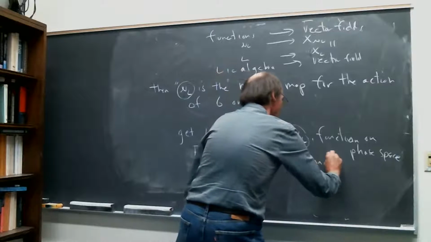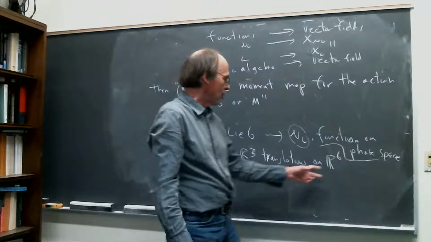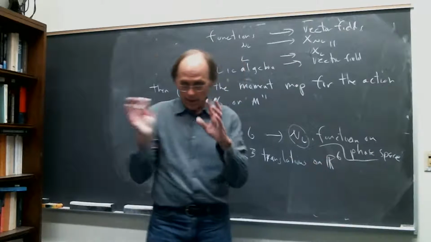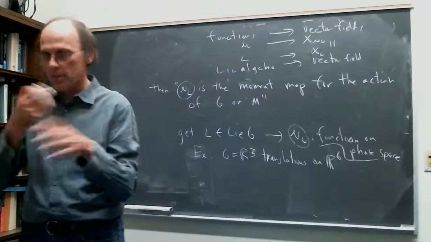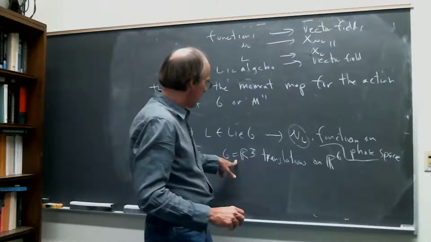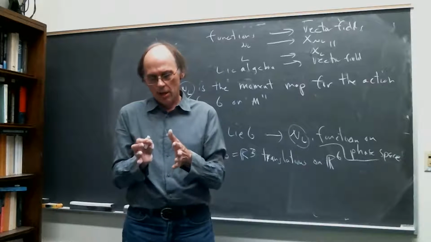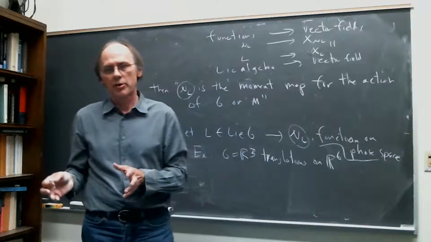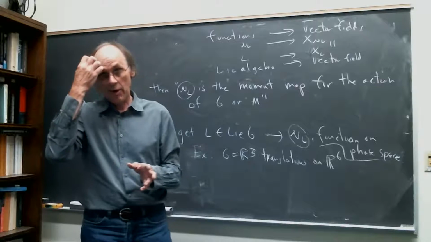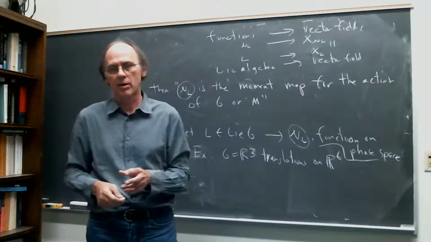If you have q's and p's for three dimensions, then the translations act by translating the q's and leaving the p's alone. And if you ask what the moment map is, it's going to be actually the momentum functions.